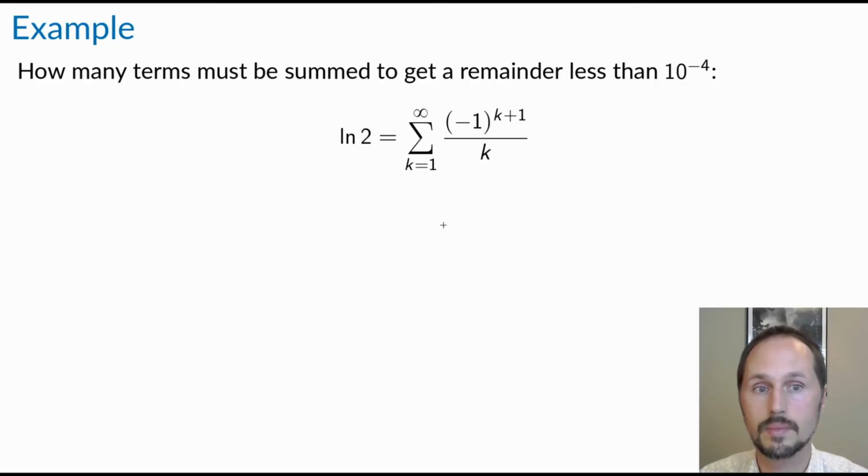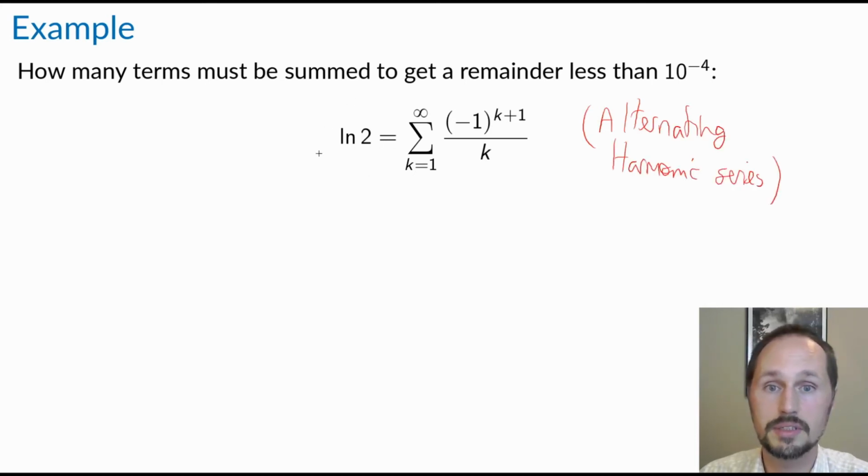Okay, let's do a quick example of what that looks like in practice. This is a problem I've taken from the book. Here we're given this series, sum k equals 1 to infinity, (-1)^(k+1) over k. This is the alternating harmonic series.